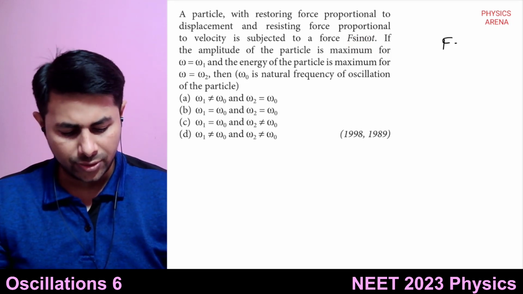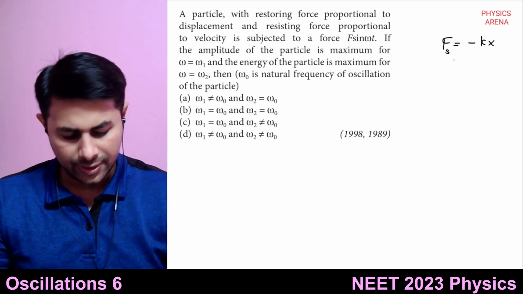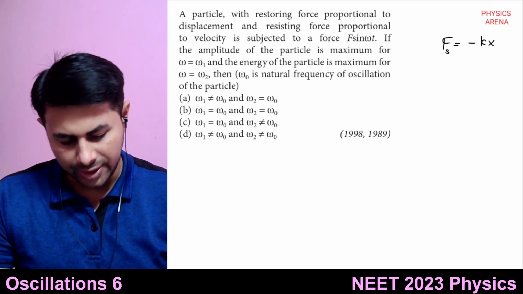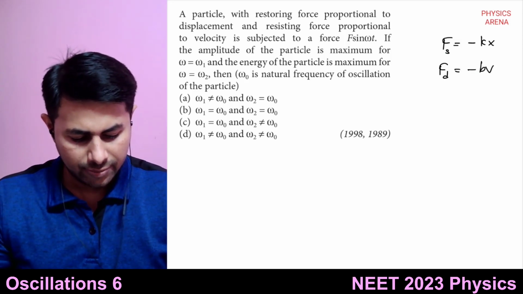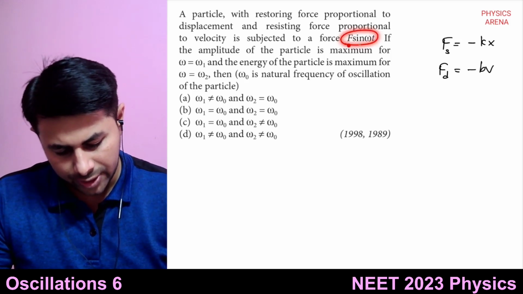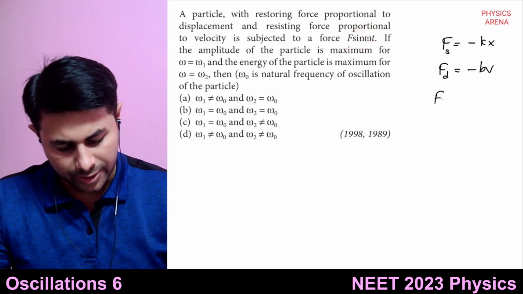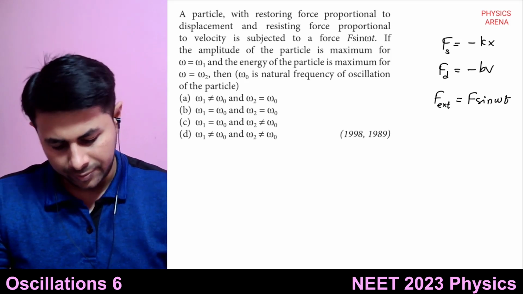Next question: a particle with restoring force proportional to displacement and resisting force proportional to velocity is subjected to a force F sine omega t, right? So there is restoring force proportional to displacement, that is minus kx, and resisting force, which is damping force, proportional to velocity, minus bv. Okay, it is subjected to this external periodic force F sine omega t.